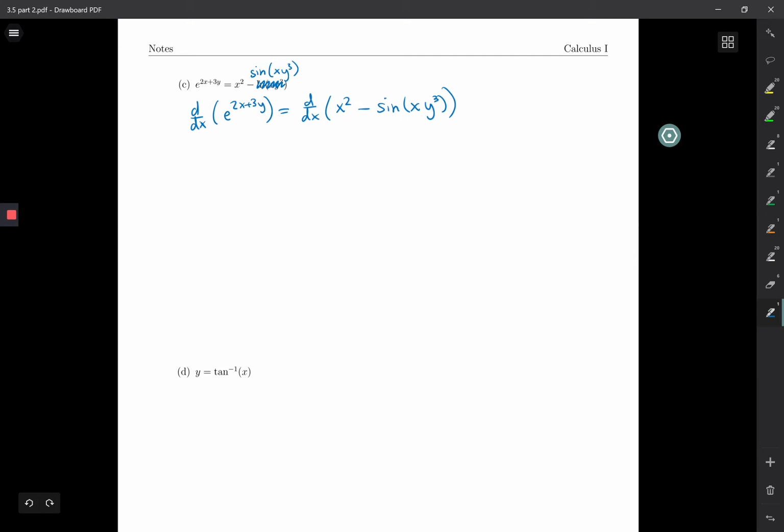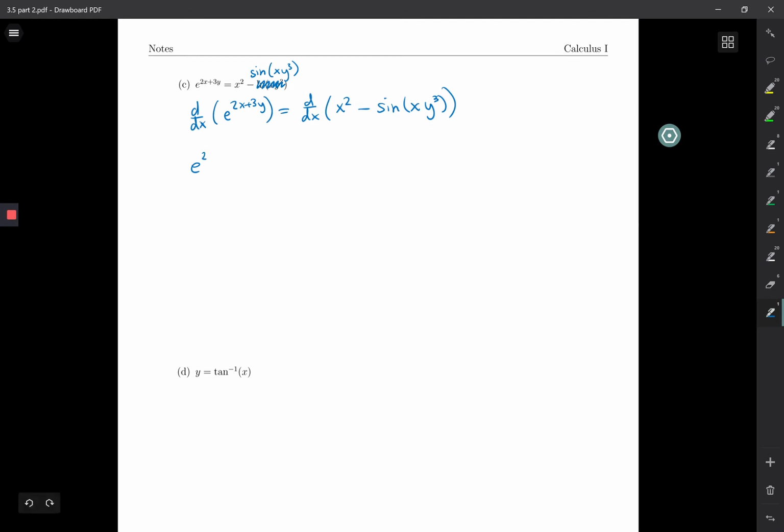Okay, so on the left-hand side, we are going to need the chain rule because inside of this exponential function, we have 2x plus 3y. So what we're going to do is first take the derivative of the outside function. According to the chain rule, we start with the derivative of e to the x, which would just be e to the x, but we don't change the inside function.